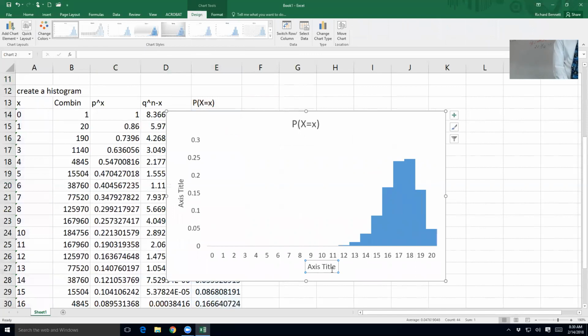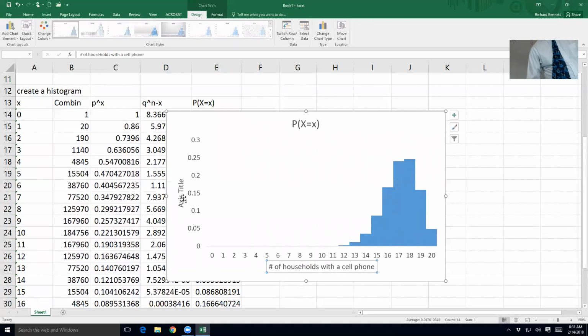What does this represent? Anybody know? The number of households with a cell phone.